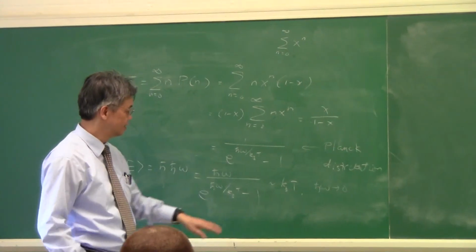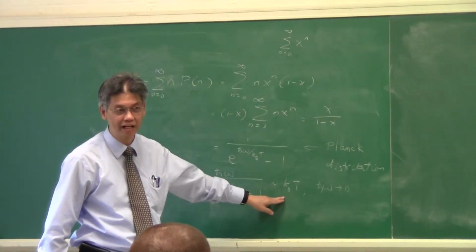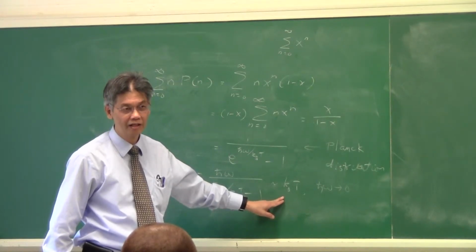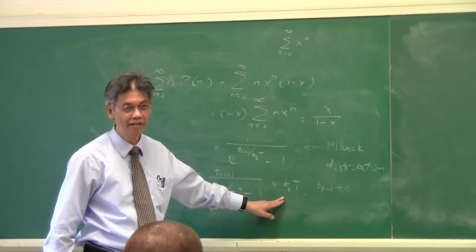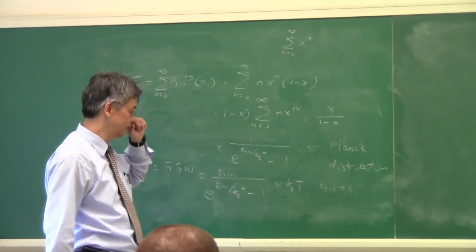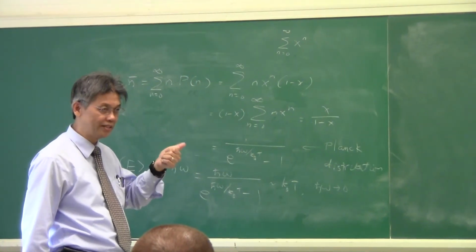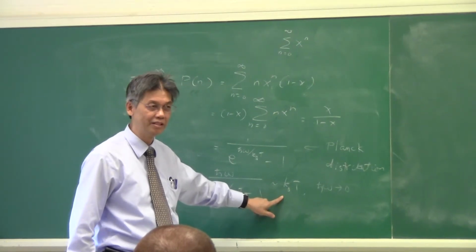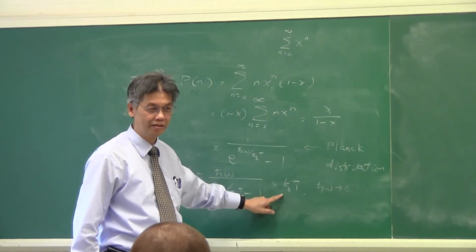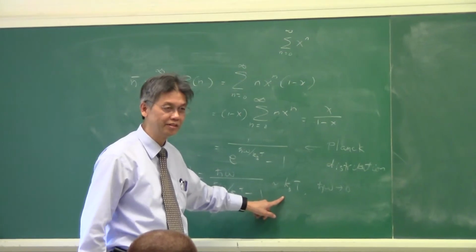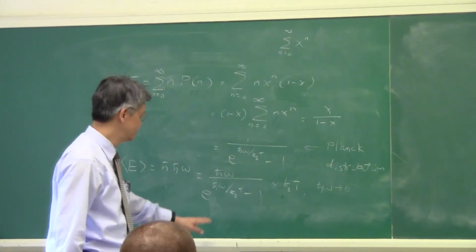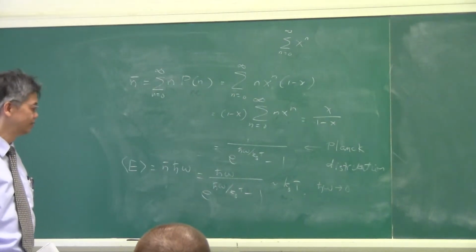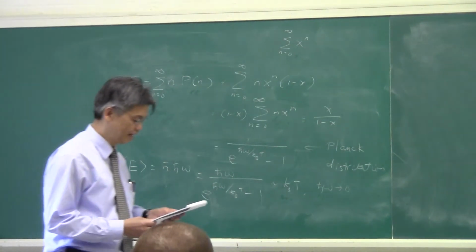This is the average energy, the total stored energy of a classical harmonic oscillator. A classical harmonic oscillator has both potential energy plus kinetic energy, and each of them gets half kBT according to the law of equipartition of energy. So the total energy of this harmonic oscillator in the classical limit is equal to that. So that agrees with what we have.